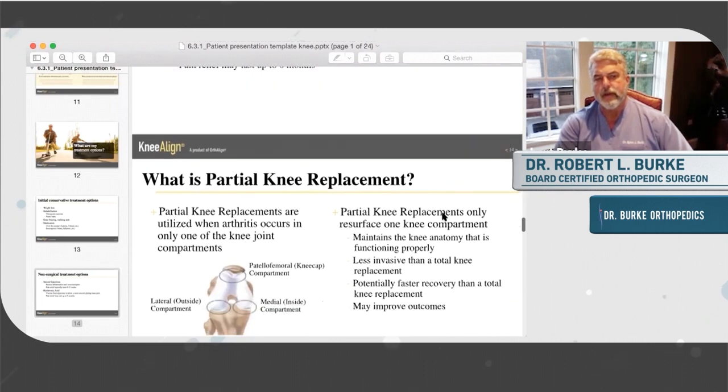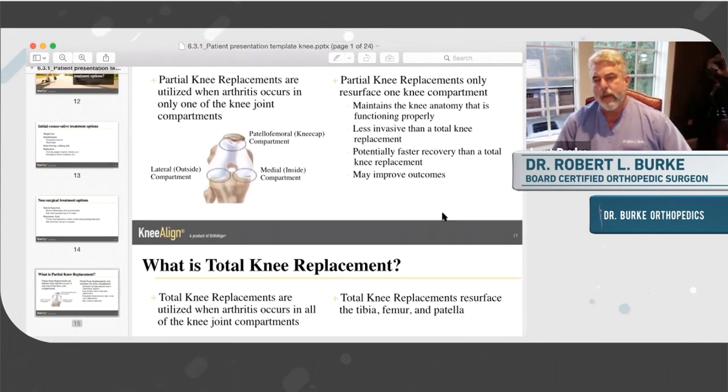Now, as far as surgical options, we have both partial knee replacement and total knee arthroplasty. Partial knee replacement is indicated for the patient that has disease only in one part of their knee, usually the inside of their knee. They tend to have a bow-legged deformity. They tend to have a stable knee, meaning they don't have any ligament instability.